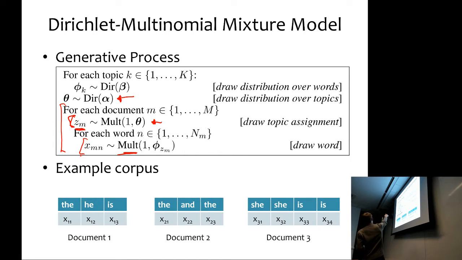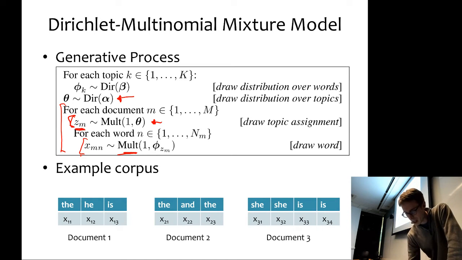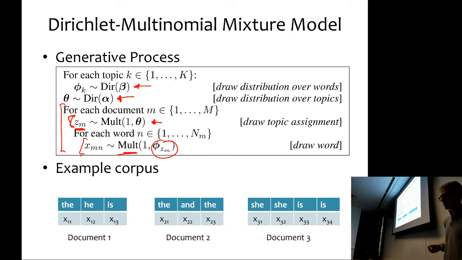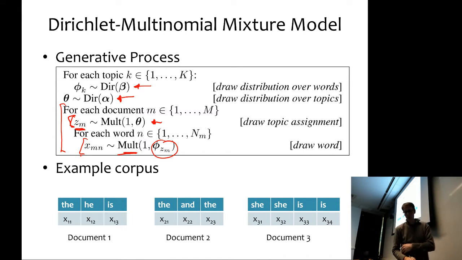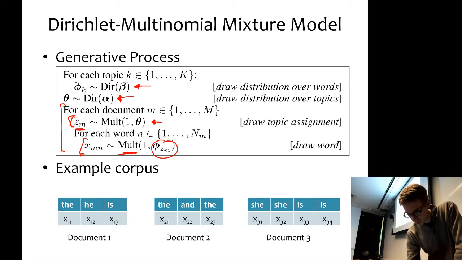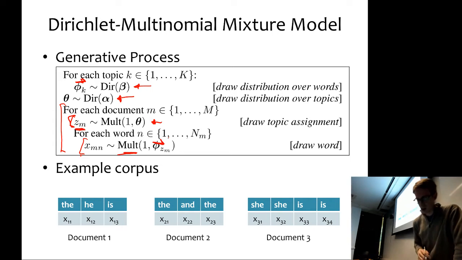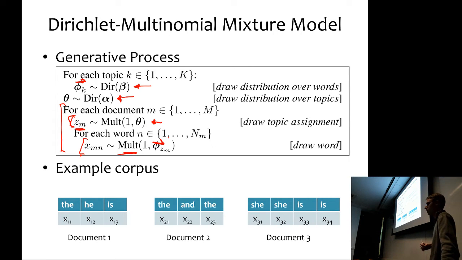So theta are the parameters for the distribution over topics, whereas here we're going to say that this phi distribution is, we're going to sample one phi distribution for each of the topics. So phi is actually a vector, right? We're sampling the entire vector phi k, one for each of the different topics.